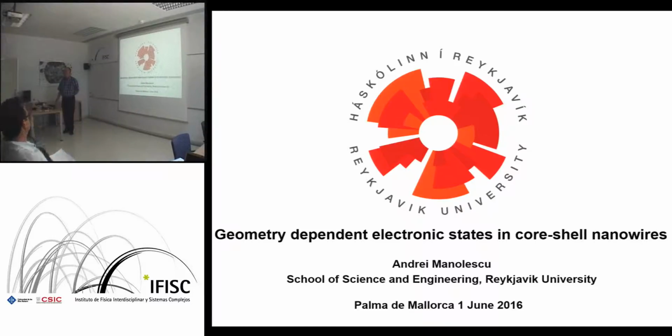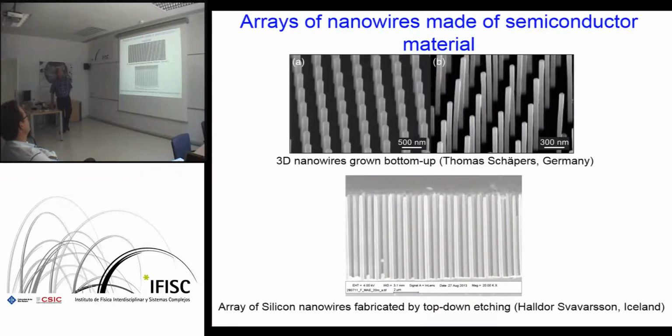I assume everybody knows what nanowires are, and I'm not going to insist on that. I will start with 2 pictures showing nanowires grown by 2 different methods and by 2 different groups.